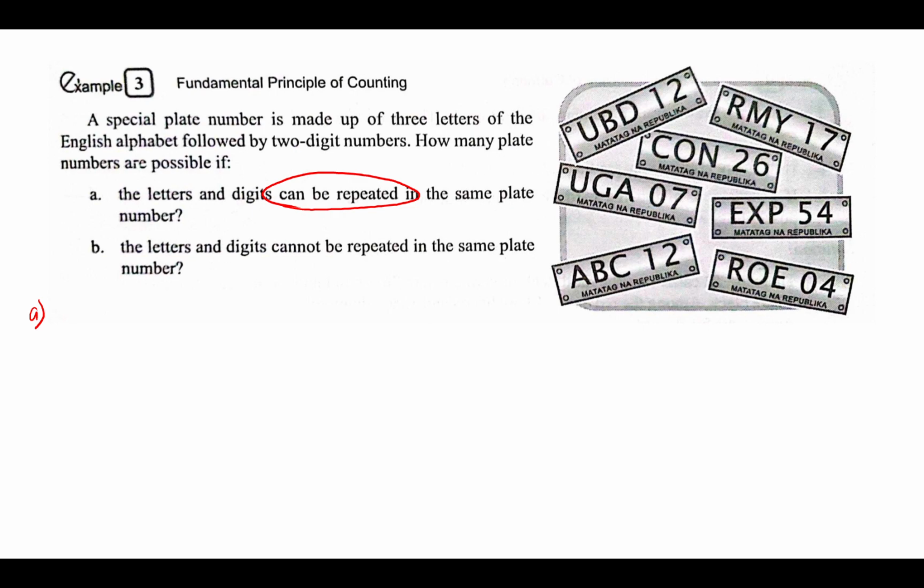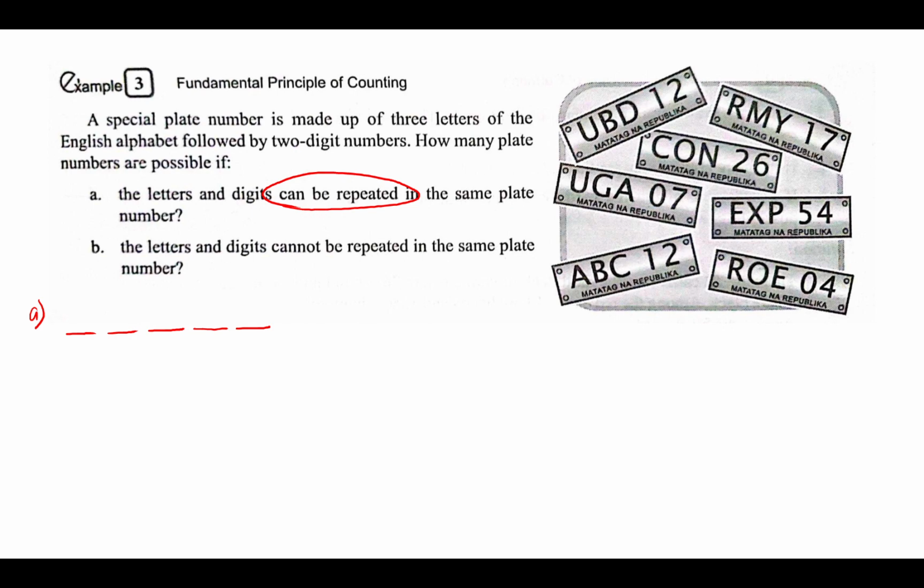So let's write the 3 letters and the 2 digits. Since the letters can be repeated, how many letters are there in the English alphabet?